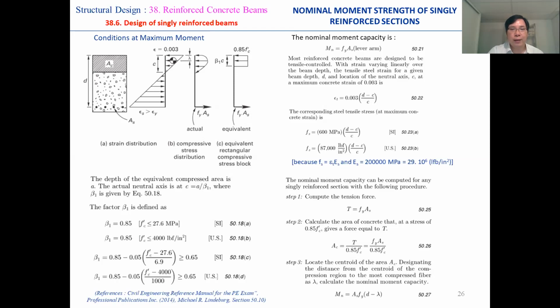You can note that the nominal moment capacity is dependent on the steel area section, the strength of the steel Fy, and after that the effective height of the beam, and lambda.